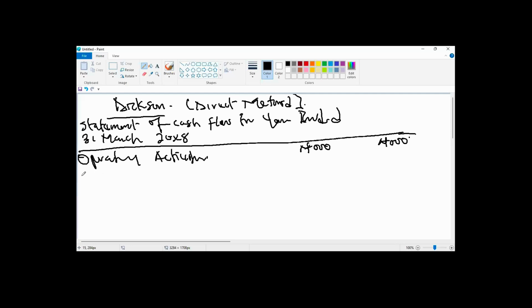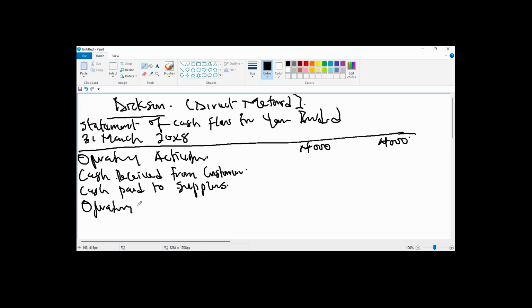Cash received from customers. Cash paid to suppliers. Operating expenses.